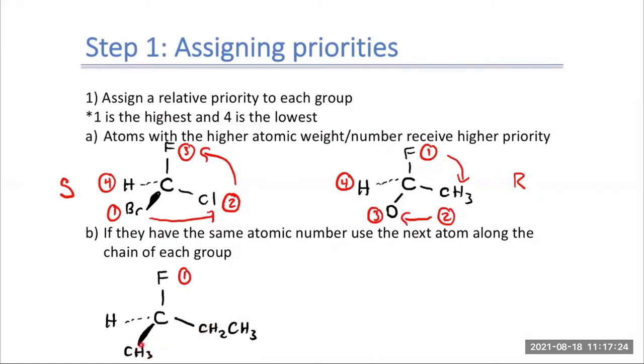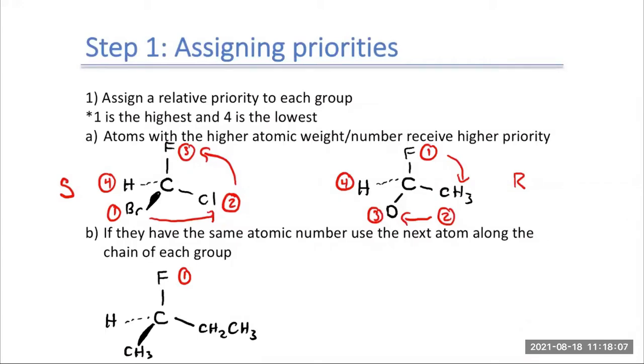They're both carbons. So they both have the same atomic mass. I didn't indicate there's any sort of isotope here. They both are regular carbon-12 atom. So technically they have the same priority. If we follow just step 1A, now we're looking at 1B. We go to the next one along the chain. So let's think about what is attached to the carbons.